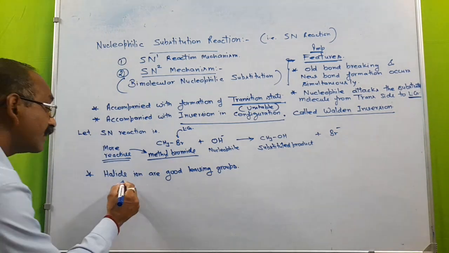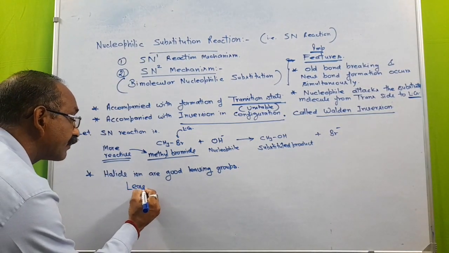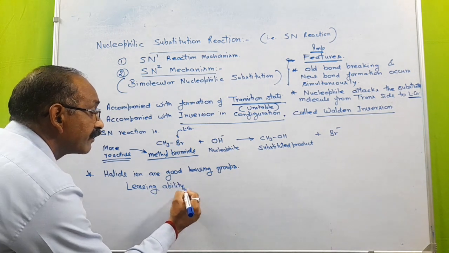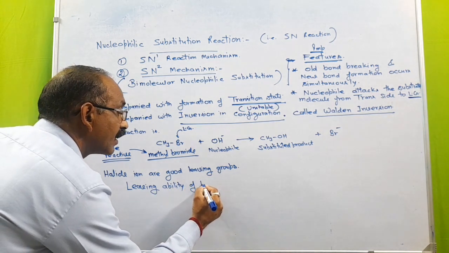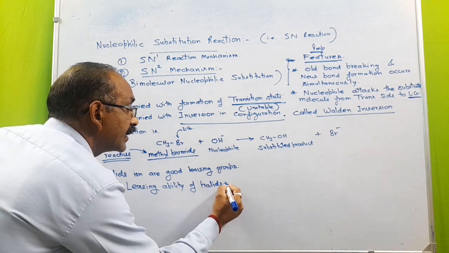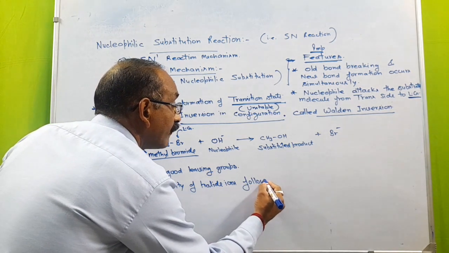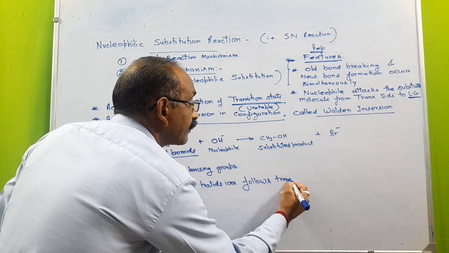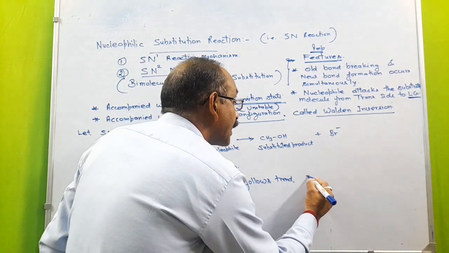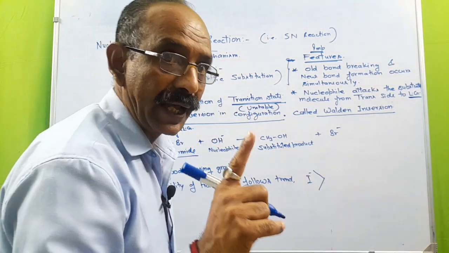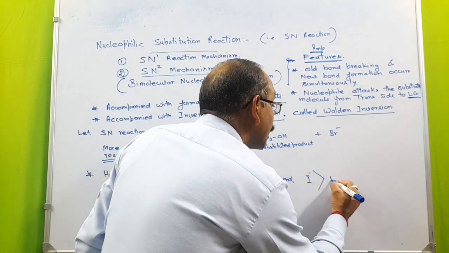Okay, and the leaving ability of halide ions follows this trend. Here the I minus ion is the best leaving group among the halogens, the halide ions.